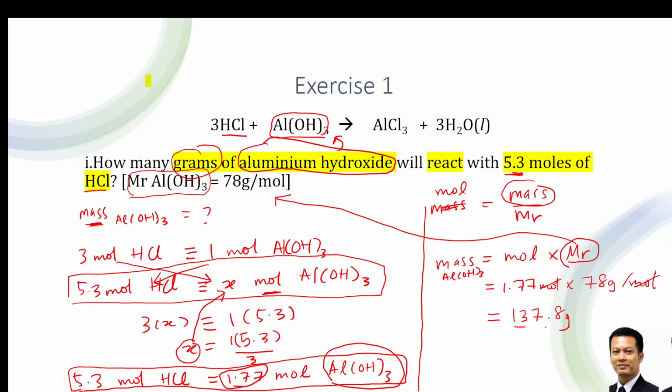What is this value? This is the mass of aluminium hydroxide. This is the final answer. And how do we find the mass? Based on stoichiometry, that we relate with mole. So remember, we need to always relate to mole.